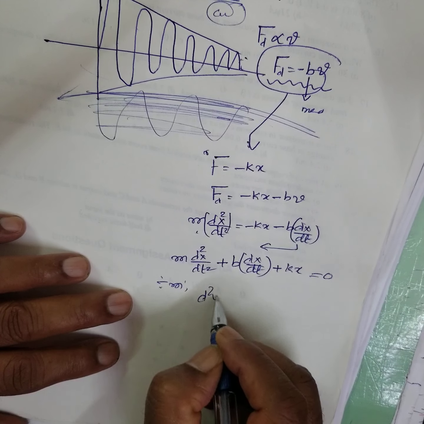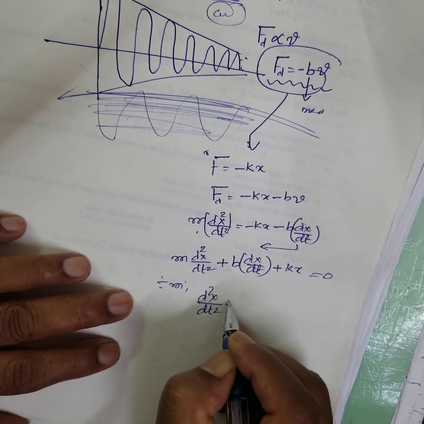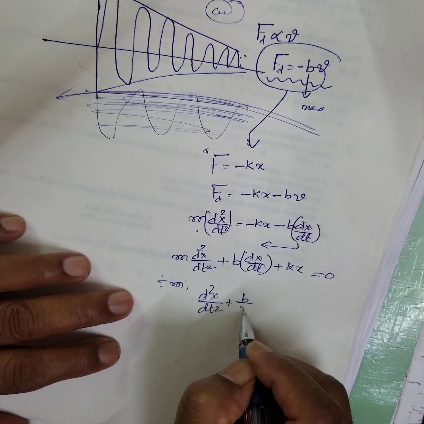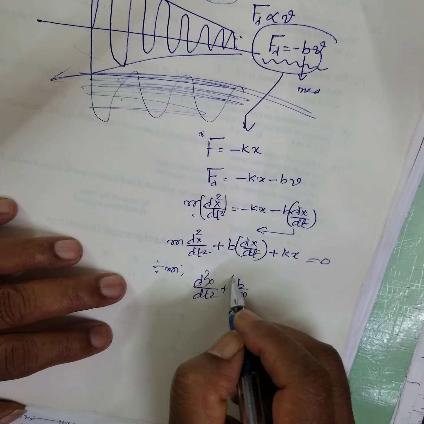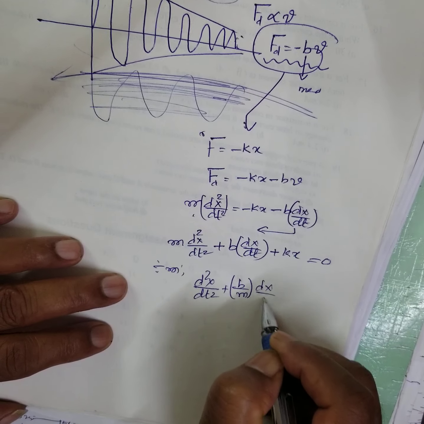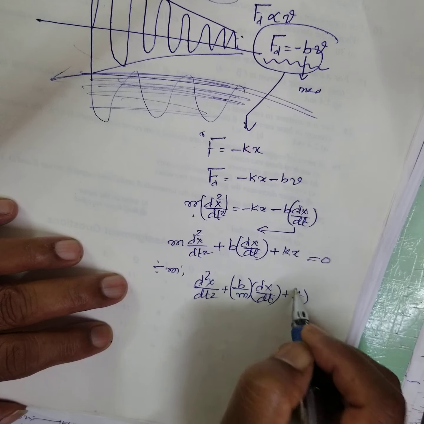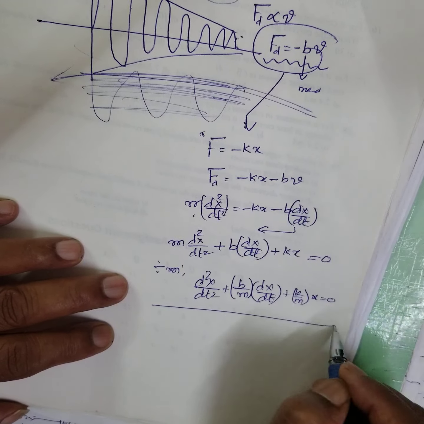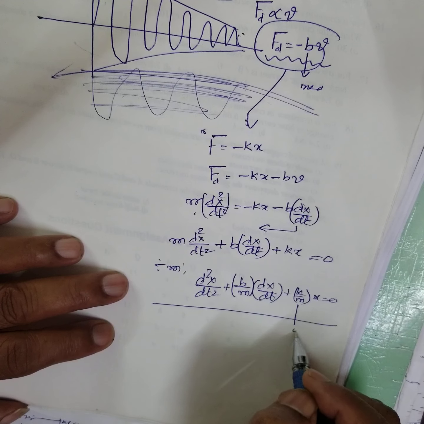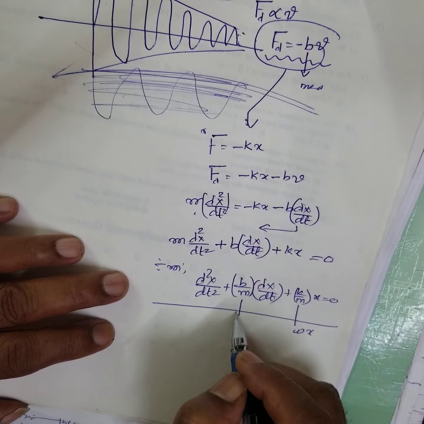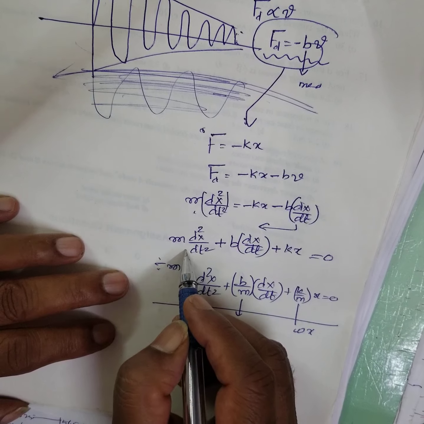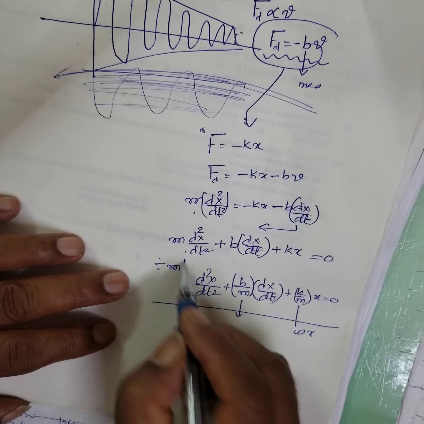You will get the differential equation: d square x by dt square plus b by m dx by dt plus k by m x equal to 0. As you know, k by m is omega square. Here this is a differential equation.